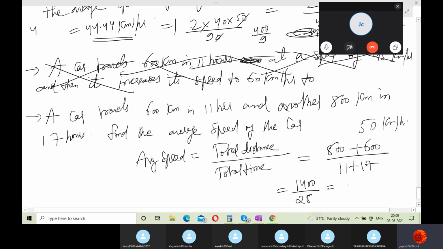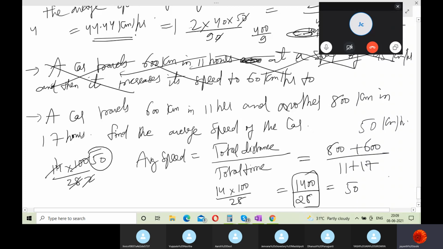So 14 would be half of this, so 50 I can take. That means 14 into 100 by 28. Simply you can do, see, no need to divide all this. Directly write 14 into 100 by 28, finished. 50 kilometers per hour. All of you make a note of this.